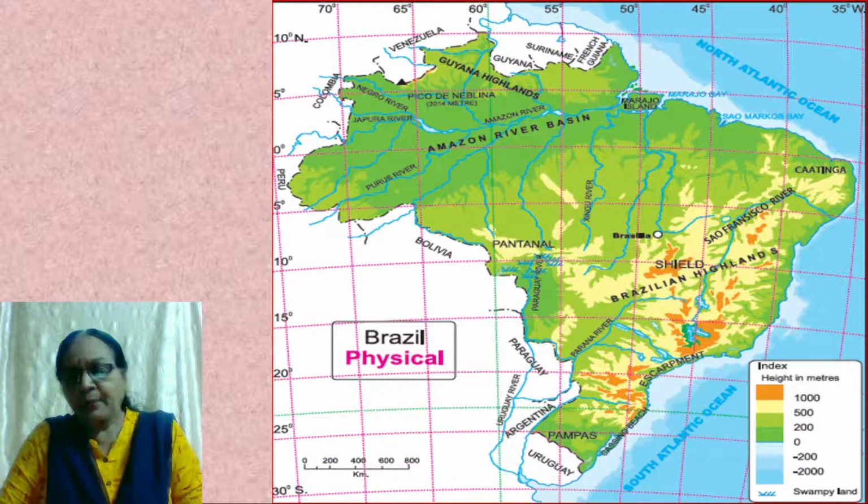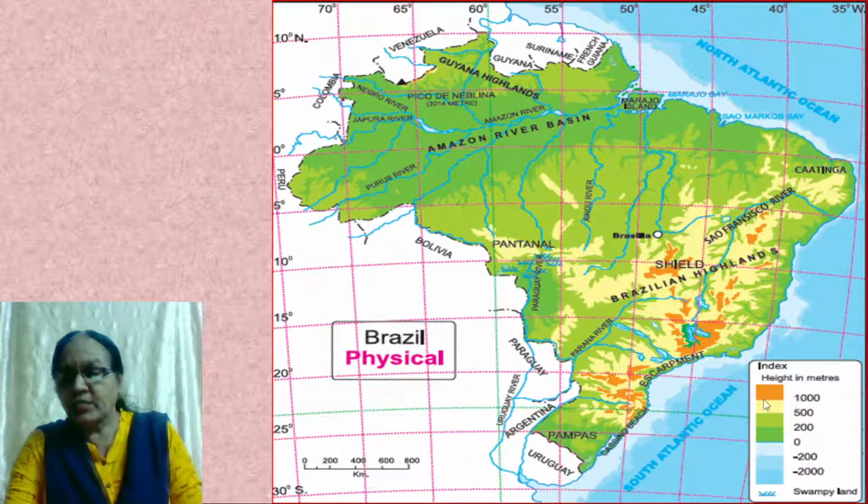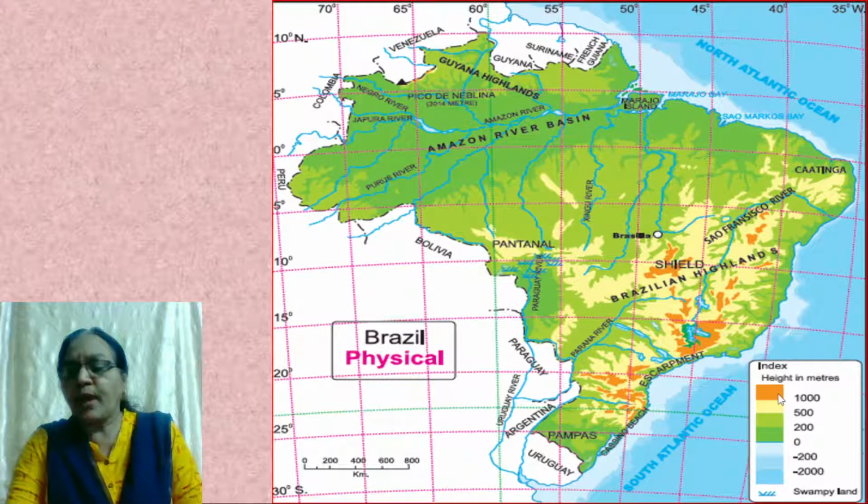On this map, you'll find that most of Brazil is made up of plateaus and highlands. If you look at the height in meters, the maximum, this orange color, is just about say 1,000.